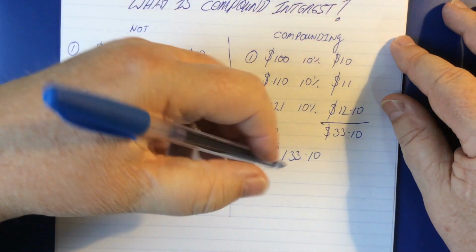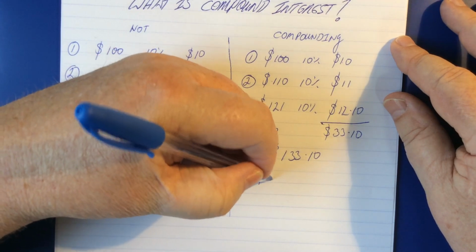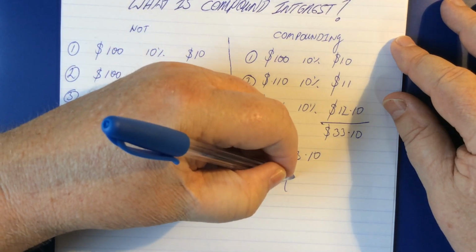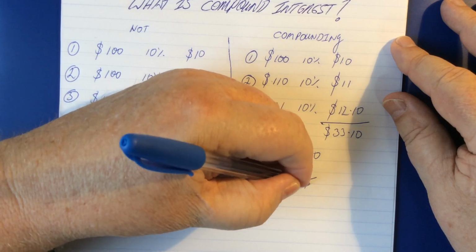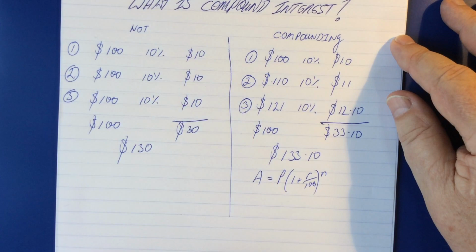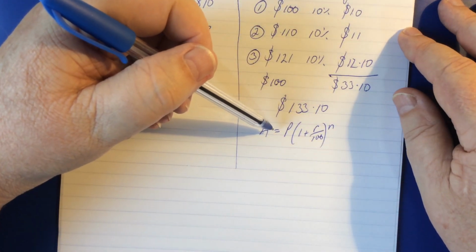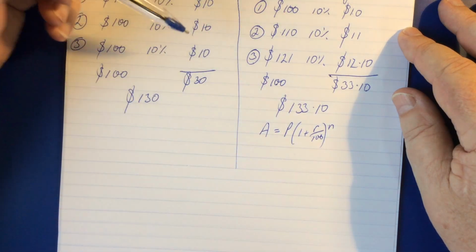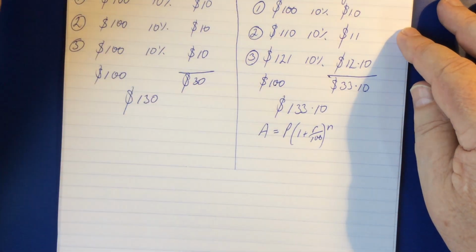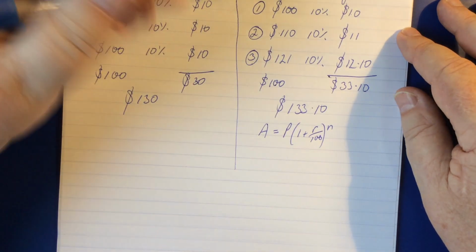Now, there is a general formula for this in finance, which is this. And I'll just explain these terms. I won't go through an example in this. There'll be other examples on the channel.